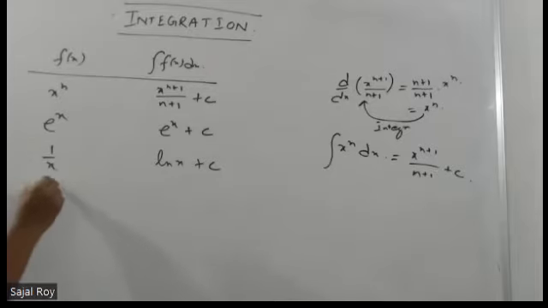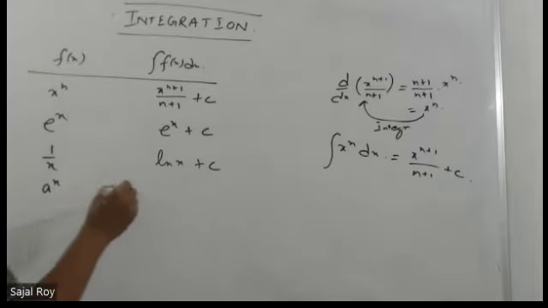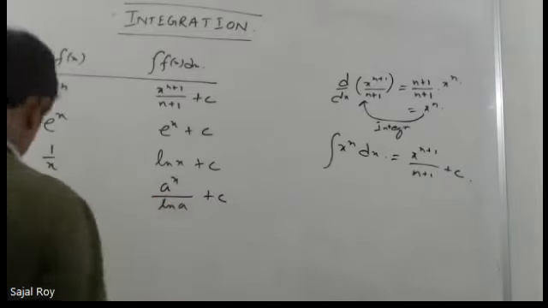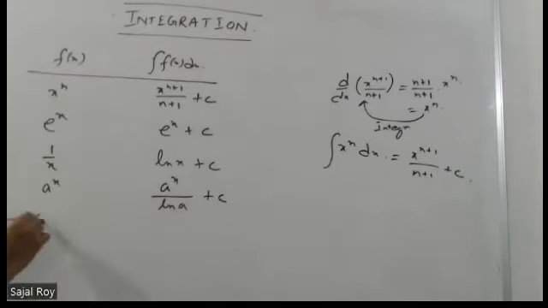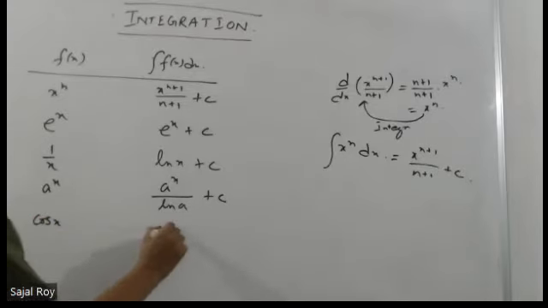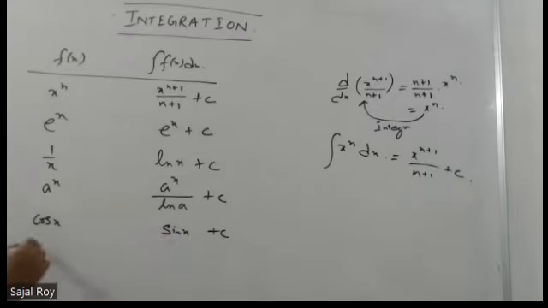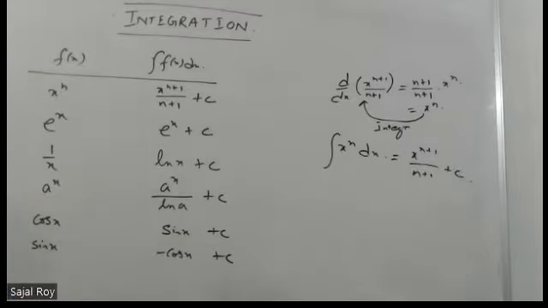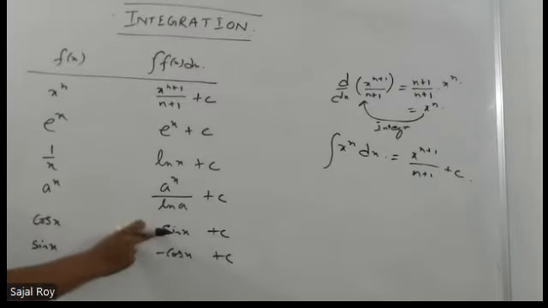Now there are more. What is a to the power x? a to the power x by ln a. cos x, sin x. sin x, minus cos x, because you see the derivative of sin x is cos x, so the integration of cos x will be sin x.